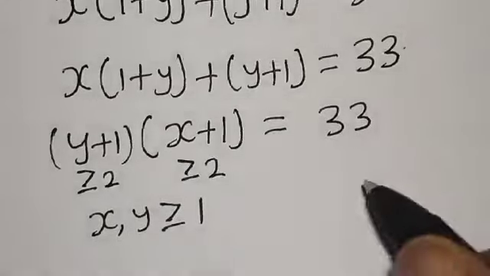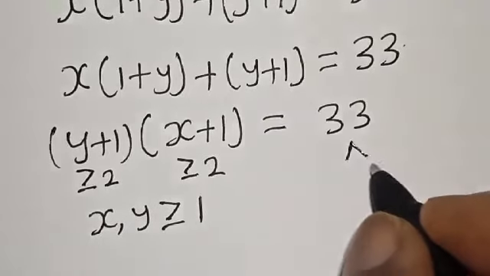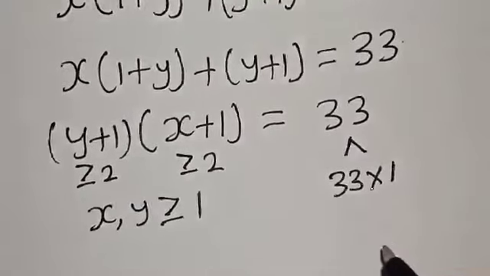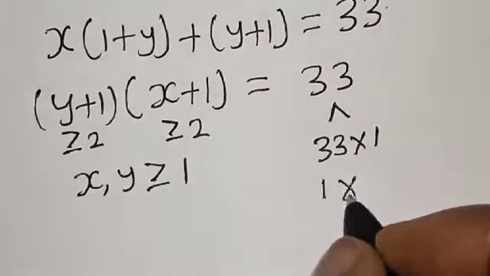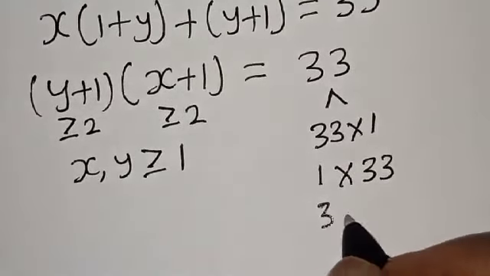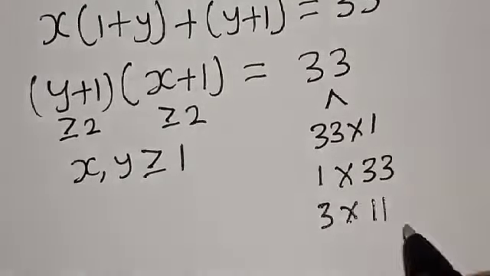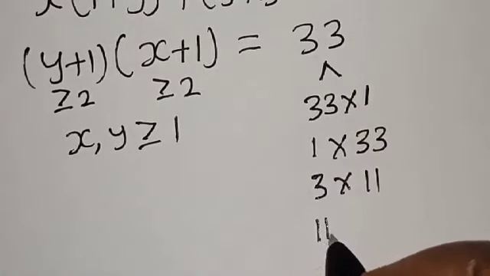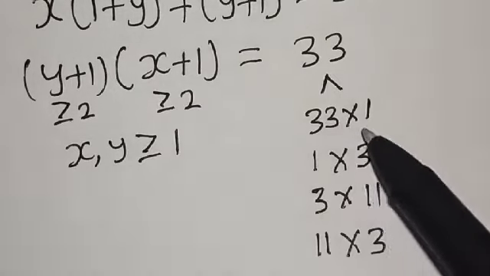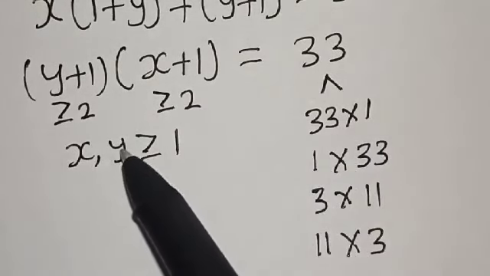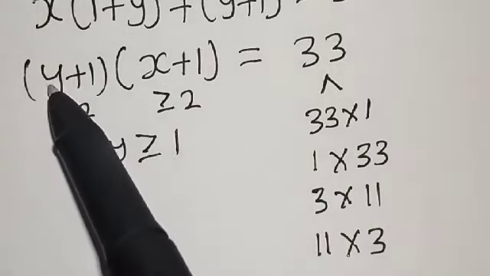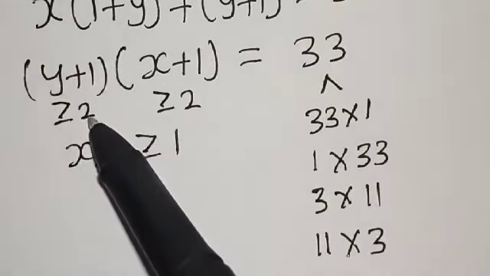33. Now 33 can be rewritten as 33 multiplied by 1, then 1 multiplied by 33. Also we have 3 multiplied by 11, then 11 multiplied by 3. Now y plus 1 is greater than or equal to 2.